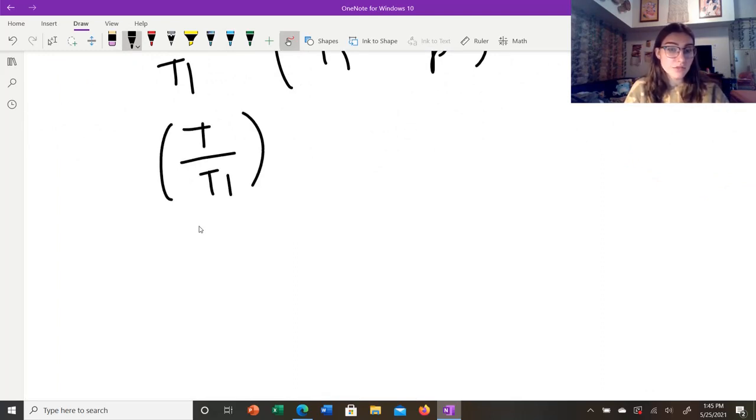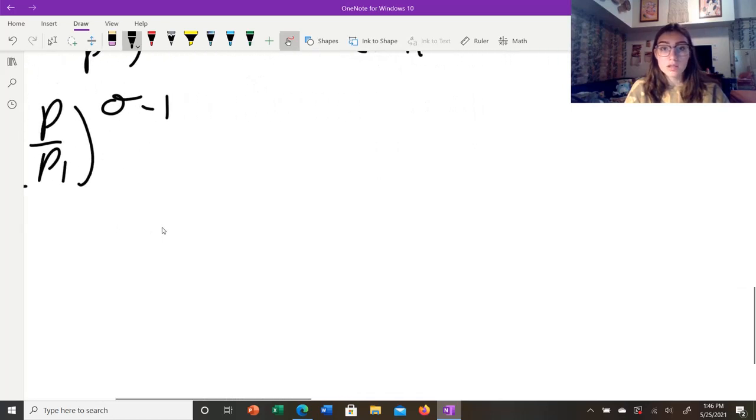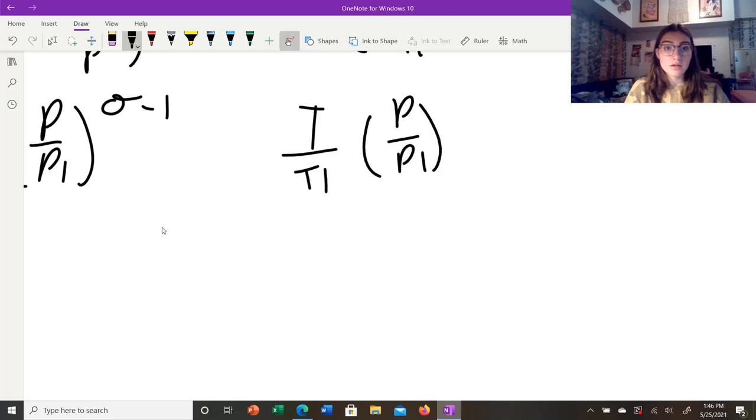So we're going to write it as T over T1 to the gamma equals P over P1 to the gamma minus 1. And here we go, we're just going to keep going: T over T1, P over P1, gamma minus 1 over gamma.